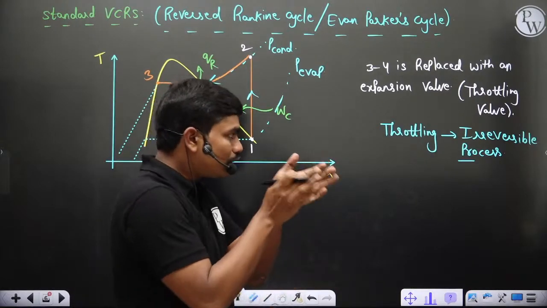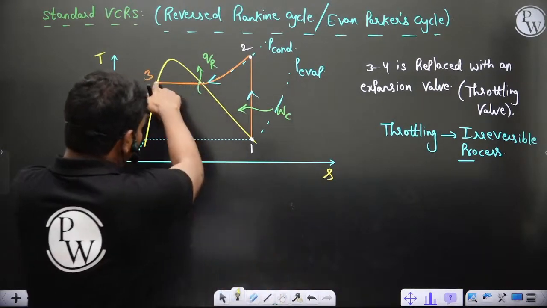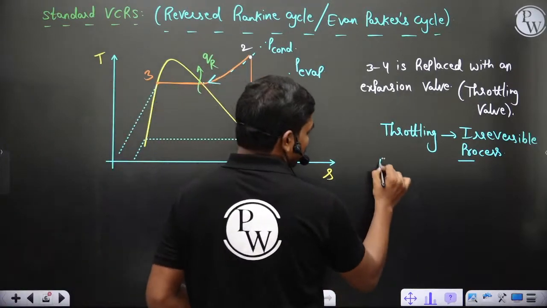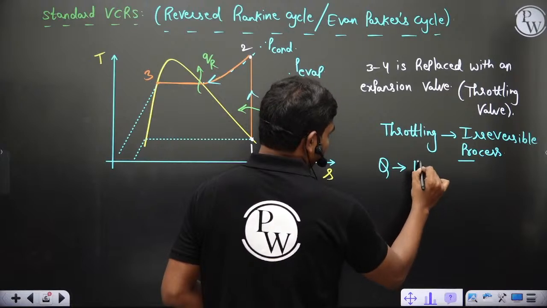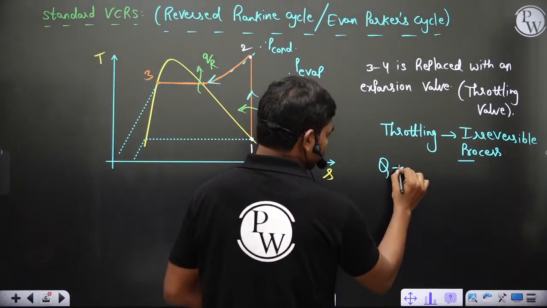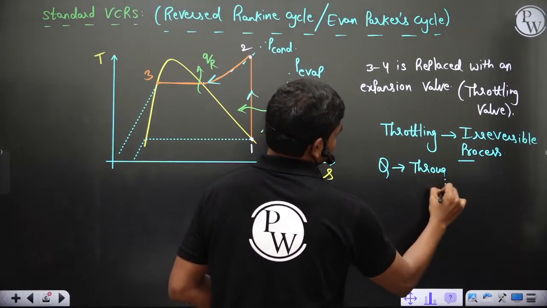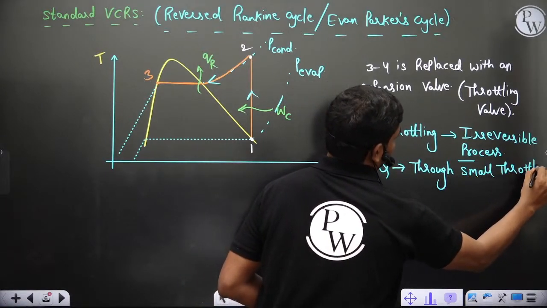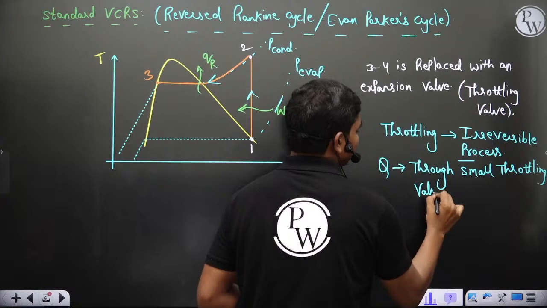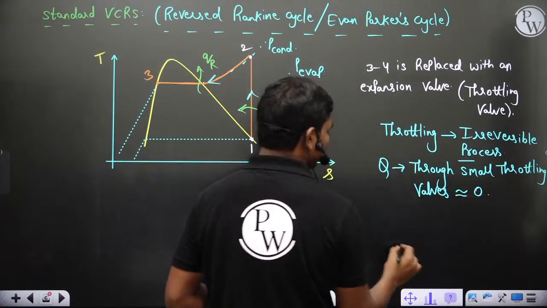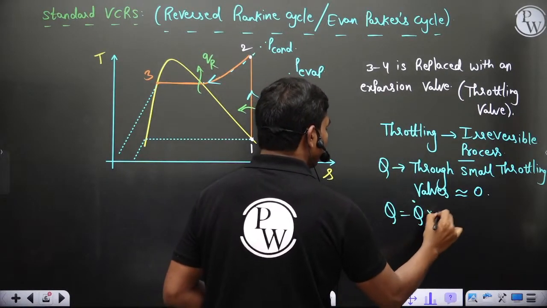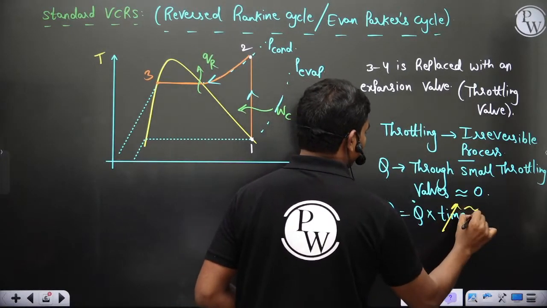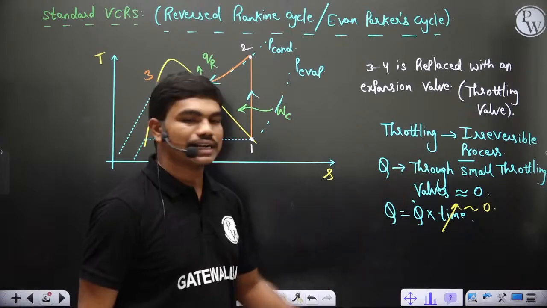So for the flow of refrigerant through that small valve, the heat interaction Q is approximately 0, because it won't get enough time for heat exchange. Q is equal to Q dot into time, and clearly the time over which the fluid stays in the valve is very small. So that's why throttling won't have any heat interaction.